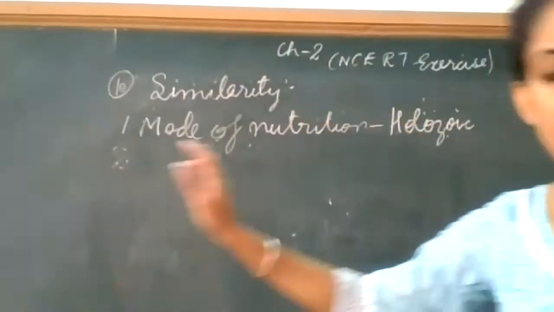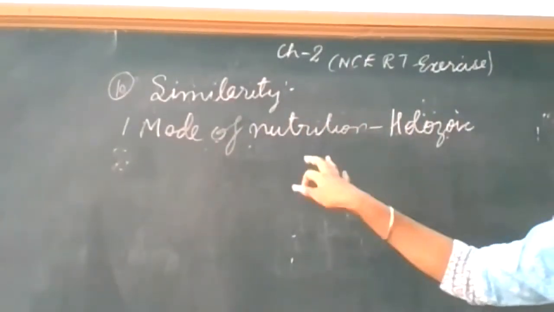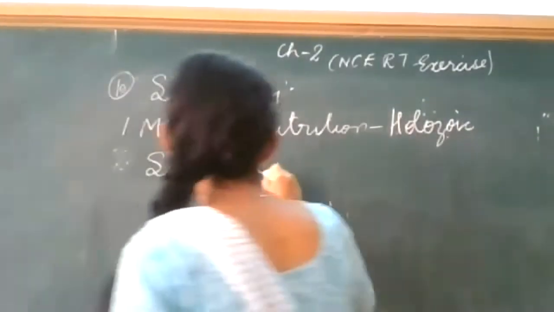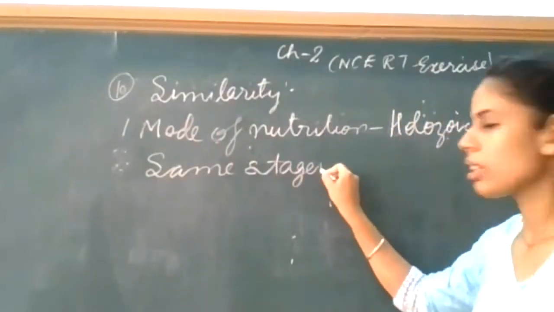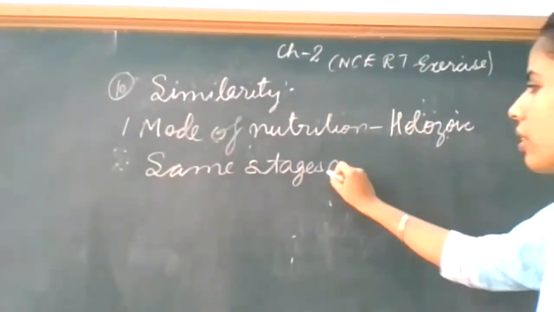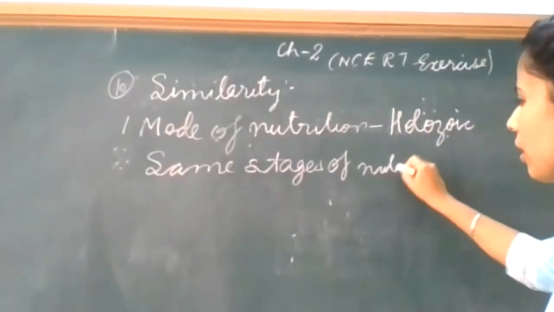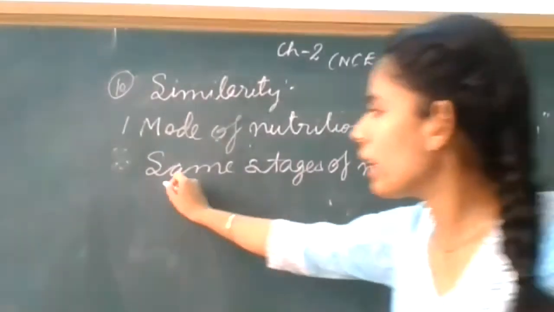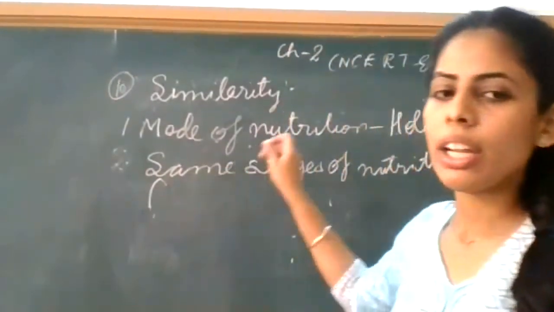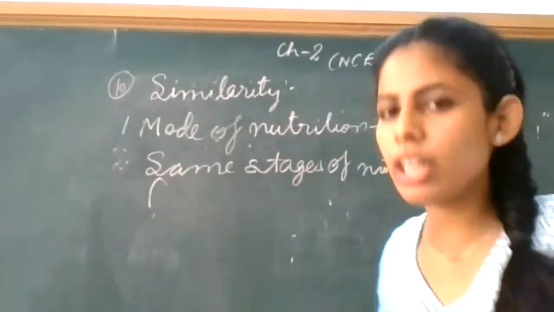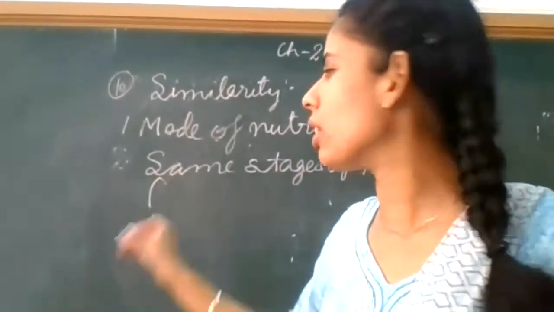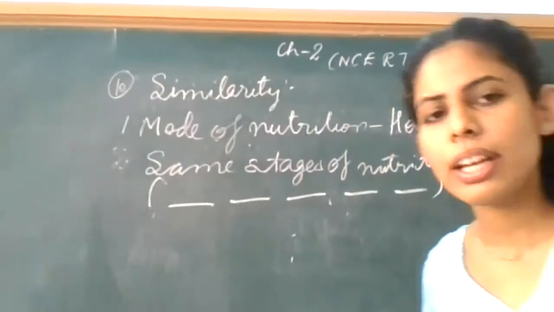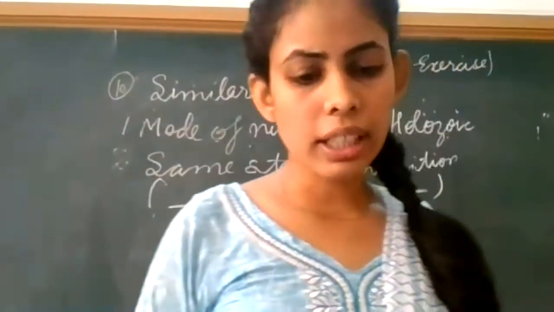So you have to write that there are the same stages or steps of nutrition. Then you will write in brackets ingestion, digestion, absorption, assimilation, egestion, all the 5. Clear?